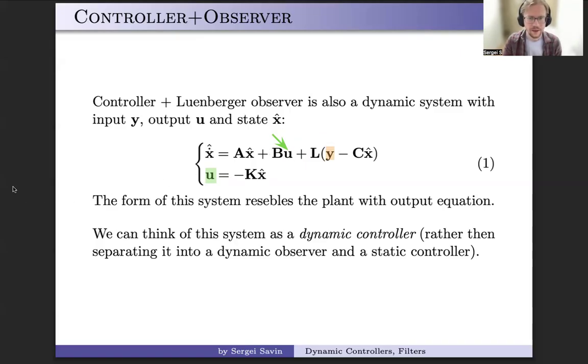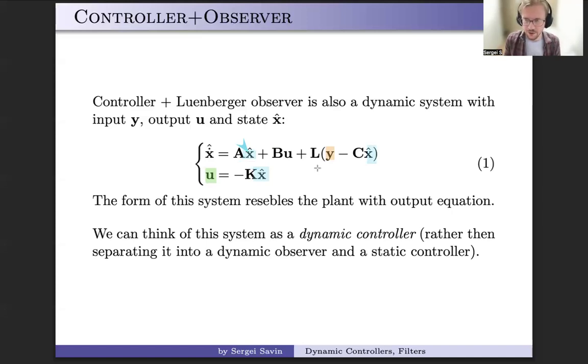Okay. So input, output, right? Now, this clearly is a dynamical system. It has a state. The state of the system is x hat. So here's the state. And the output depends on the state.